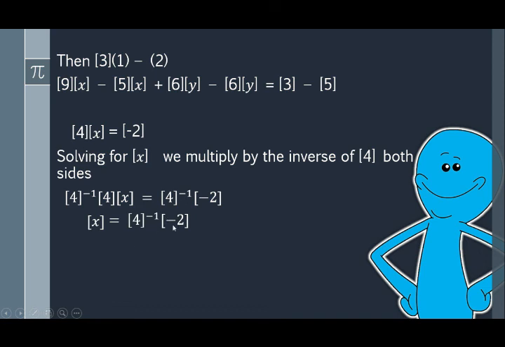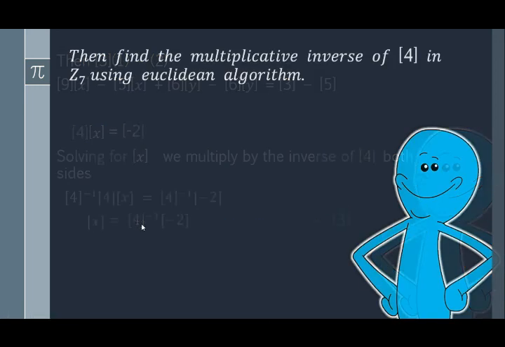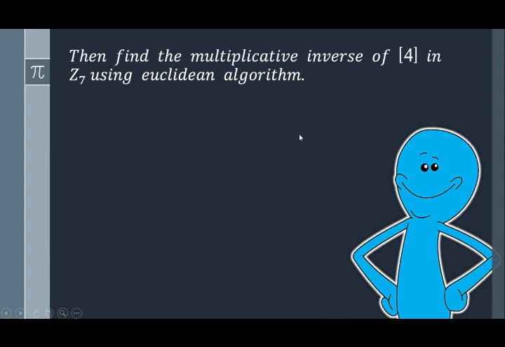I can label this as equation 3 for reference purposes, and I can now try to find the value of the multiplicative inverse of 4. I can do that by solving for the multiplicative inverse using the Euclidean algorithm.